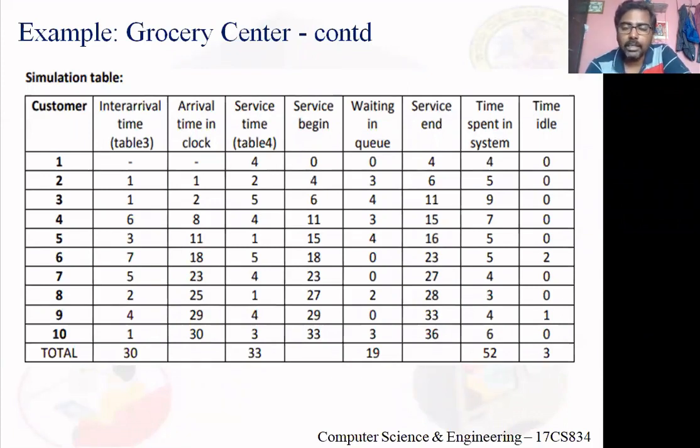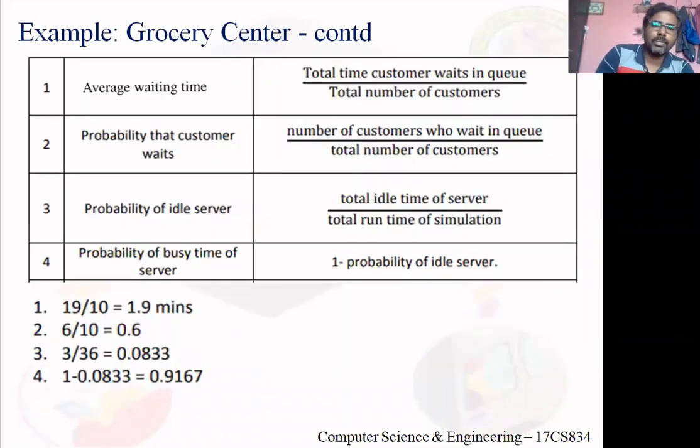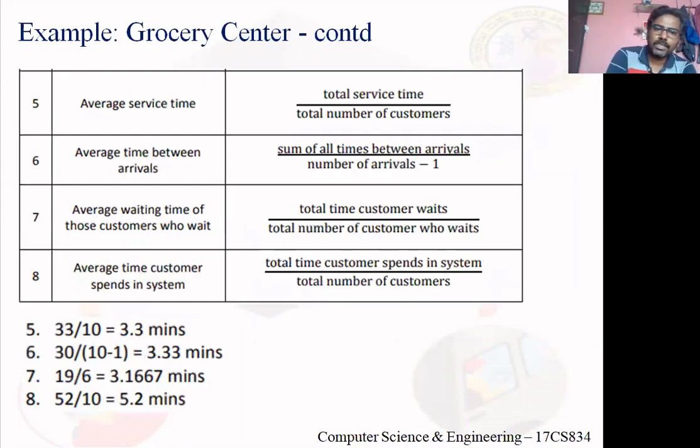In 36, the server was idle for 3. So 3 by 36 is the probability of idle time of the server. The probability of busy time of the server is nothing but 1 minus the probability of idle time. Similarly, average service time and everything else can be computed with this last row.